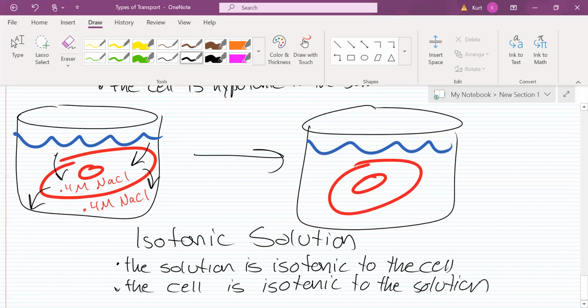Okay, that is pretty much it. That is the conclusion of passive transport. We will do another lesson which will cover active transport, which is the use of energy to go against the concentration gradient from low to high, and that requires the use of ATP, which is cellular energy. I'll see you then.